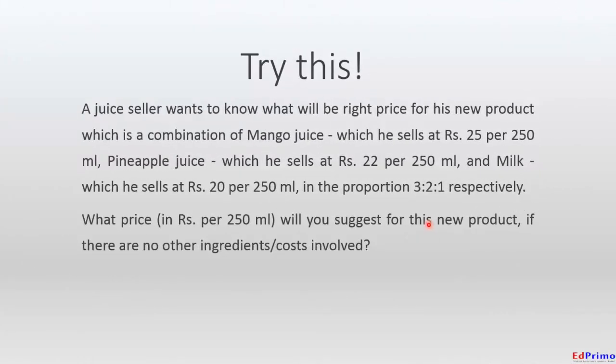Now before we move on, here is a question for you to try. A juice seller wants to know what will be the right price for his new product, which is a combination of mango juice, which he sells at rupees 25 per 250 ml, pineapple juice, which he sells at rupees 22 per 250 ml, and milk, which he sells at rupees 20 per 250 ml, in the proportion 3:2:1 respectively.